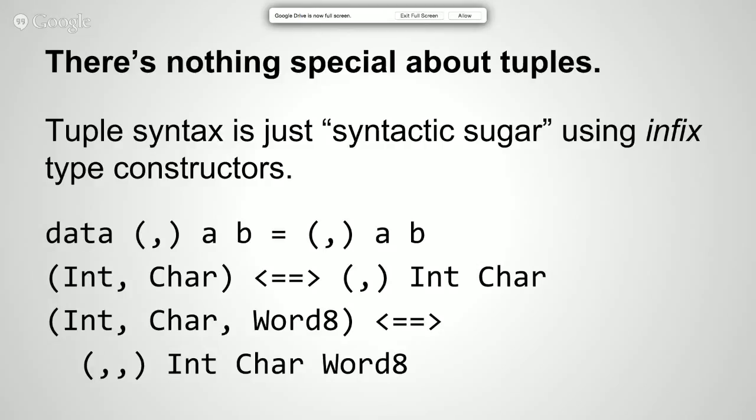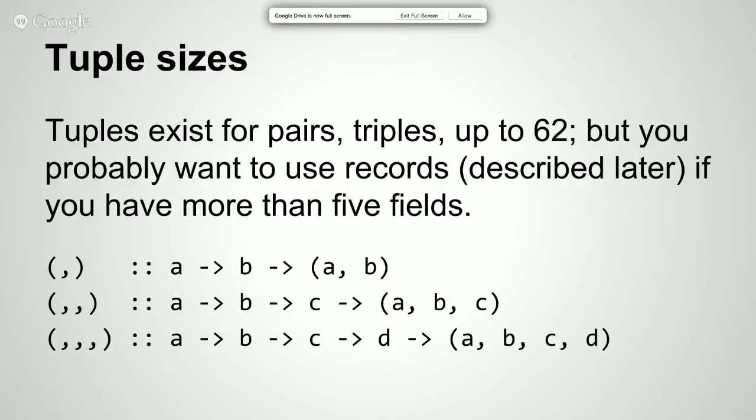And same with the case on the bottom, except it's two commas because it's creating a triple. So tuples exist for pairs and triples and quadruples up to, I think, 62 is the limit. After that, they're like, okay, you really shouldn't be using a tuple, you should use records, which are going to be described later. Once you have 5 or 6 fields, it just gets hard to keep track of what everything is. Using positional cues is no longer enough.